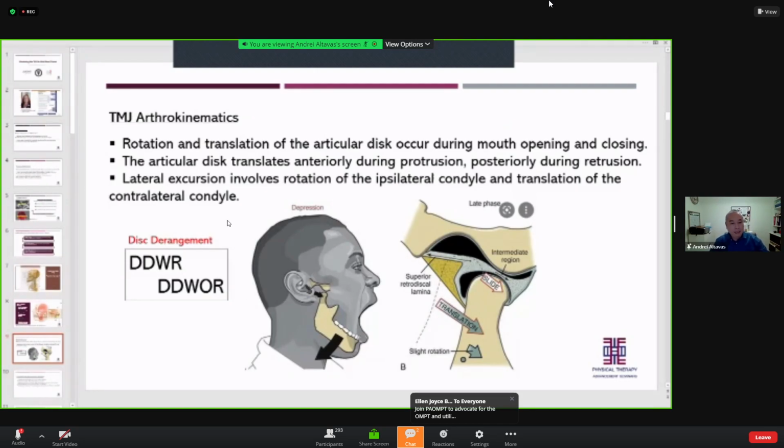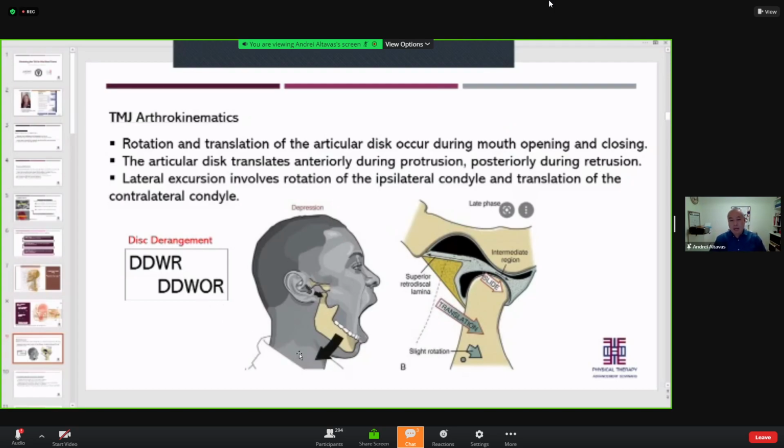Now I have a little here, if you notice, DDWR, and these are just shortcuts for disc derangements. These are two conditions that we see, a pathological condition involving the disc. DDWR means disc displacement with reduction, and DDWOR is disc displacement without reduction.